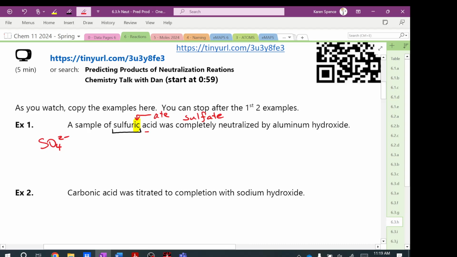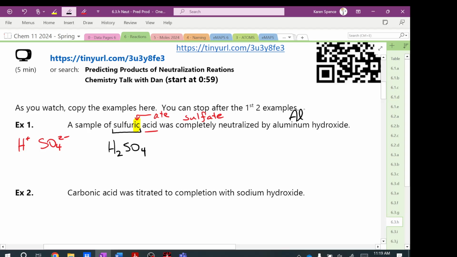When it is an acid, what ion pairs up with SO4 2-? In order to be an acid, what is the ion that you need? Hydrogen. So we're going to put H plus together with SO4 2-. So what is the formula for sulfuric acid? Okay, so we have H2SO4.